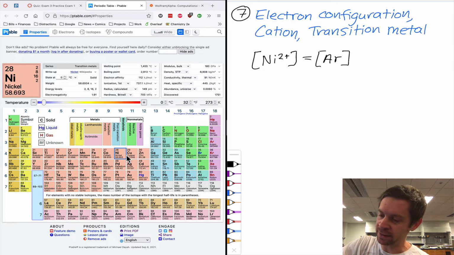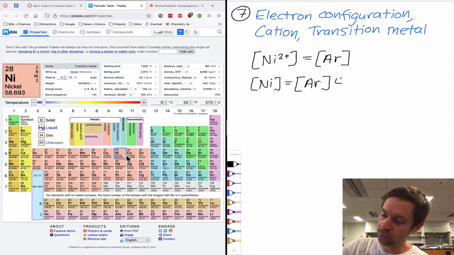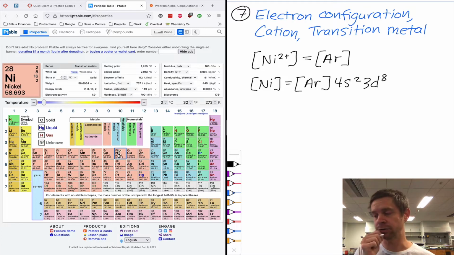And let's actually write that down separately. So for a neutral nickel atom, we'd be looking at all of those electrons in argon, 4s2, 3d8 would be the electron configuration of a neutral nickel atom, right?